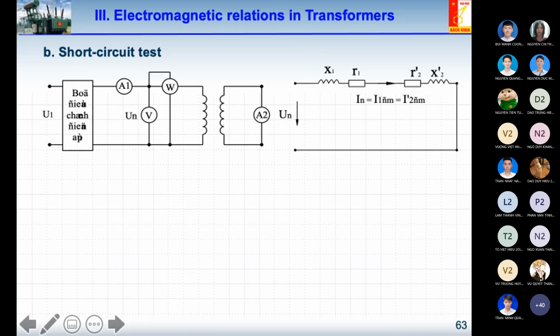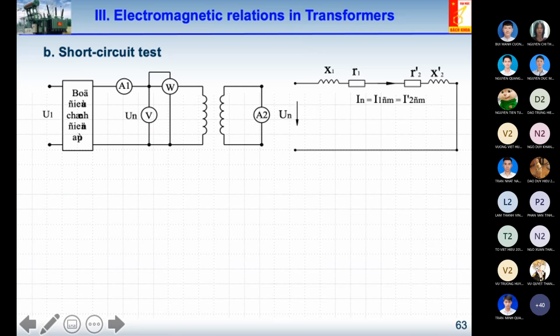For example, the rated current of this transformer is equal to 5 ampere, with the input voltage of this transformer of 380 volt.